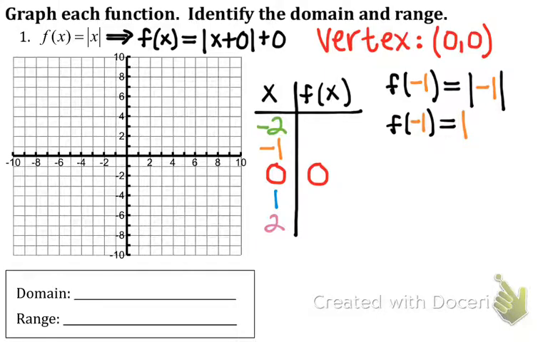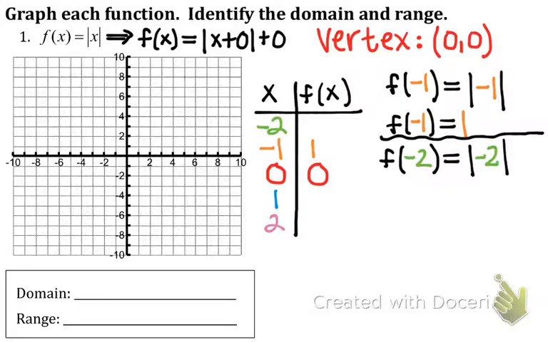So for f of -1, my value that goes in for f of x is +1. Now let's evaluate f of -2. We plug -2 into the original function. F of -2 is equal to the absolute value of -2, and the absolute value of -2 is +2. So +2 is my value that goes in for f of x.